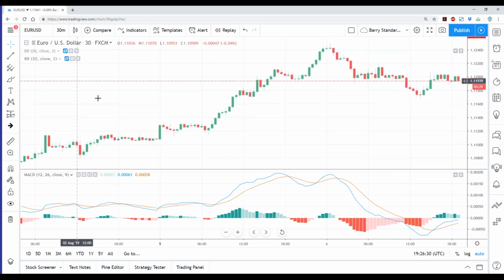let's get rid of our Bollinger Bands here. And MACD is based on 2 moving averages, because the first calculation is the MACD line below here, if you understand MACD. The MACD line that's down here is the difference between a 12 and a 26 period EMA.